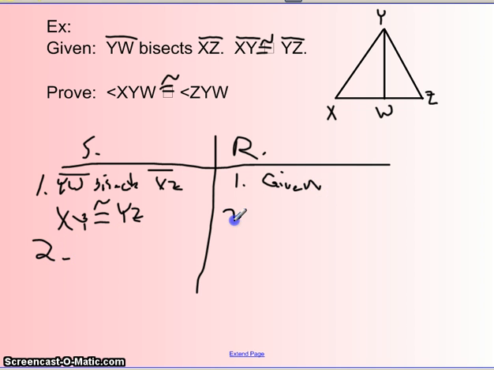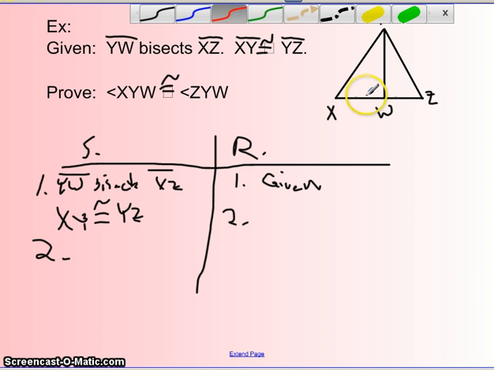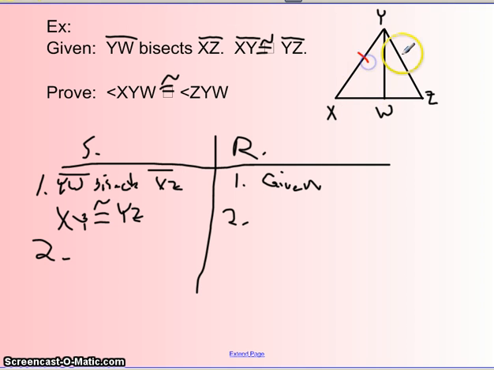Now, 2. I think before I do 2, I'm going to go ahead and mark what's congruent in the diagram here. So we have this is congruent to this. We have that this bisects this bottom segment. Well, if it bisects that bottom segment, that's going to mean that segment XW is congruent to segment WZ. That's going to be the definition of bisector, or definition of segment bisector.